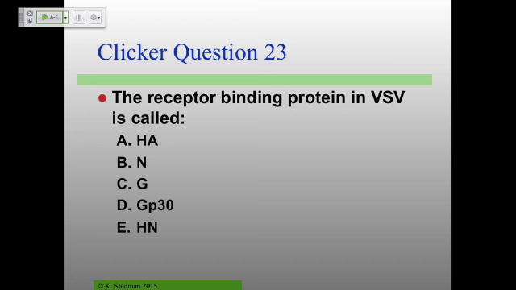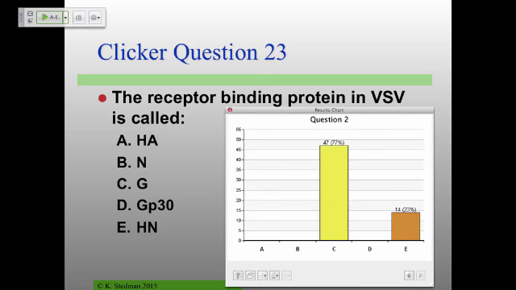G is the receptor. GP30, we'll talk about today. HN, receptor binding protein for paramyxoviruses. What was the answer to the last question? Paramyxoviruses and measles. Yes. So most of you have it right, but I thought I'd go through the process here.